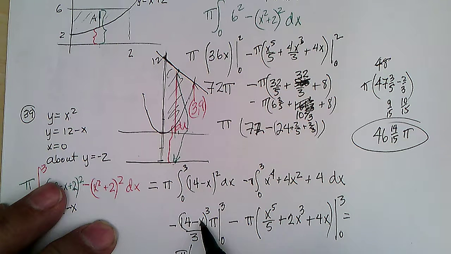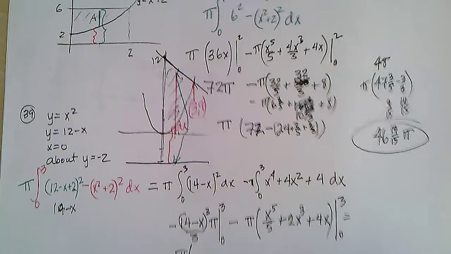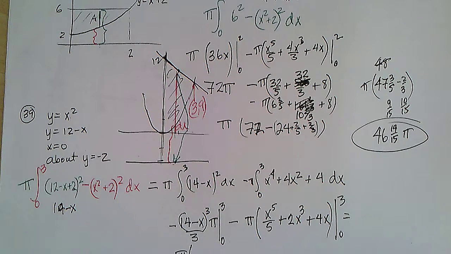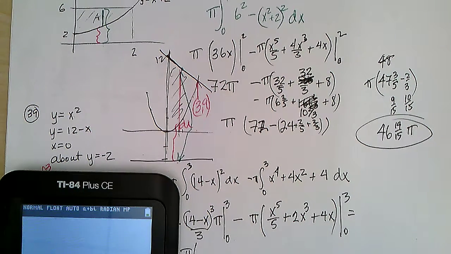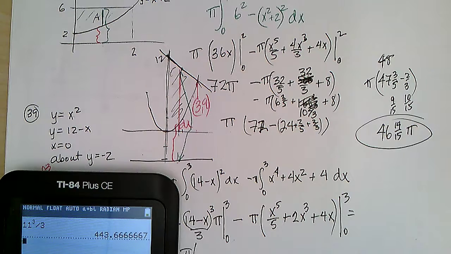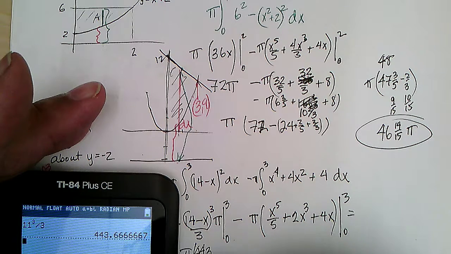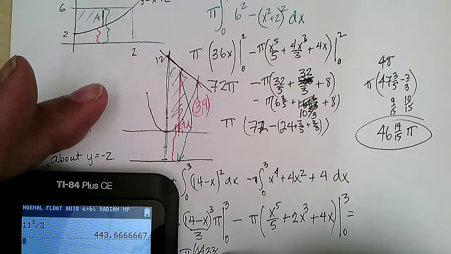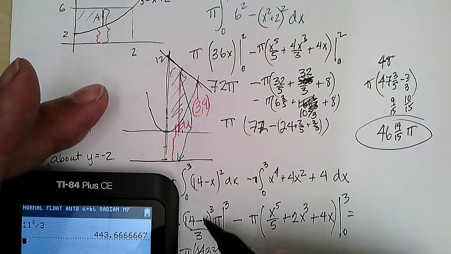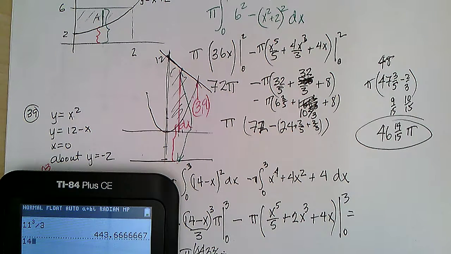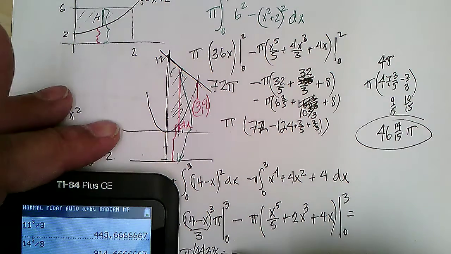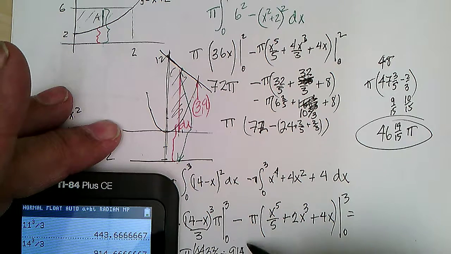We have 14 minus 3 is 11 to the 3rd over 3, 11 cubed divided by 3, which is 443 and 2/3, minus, and 0 in there would be 14 cubed divided by 3, which is 914 and 2/3.